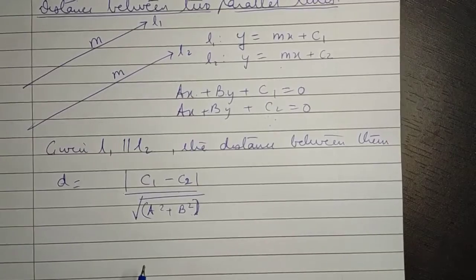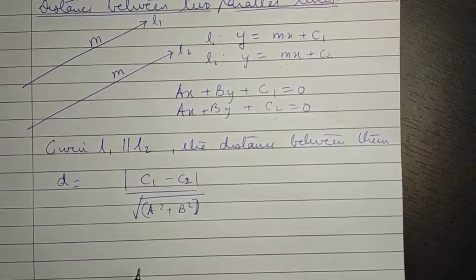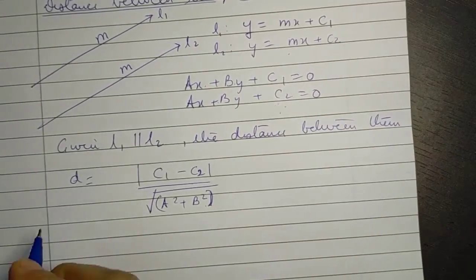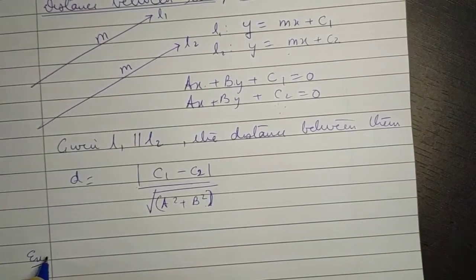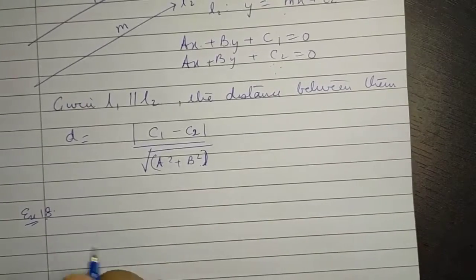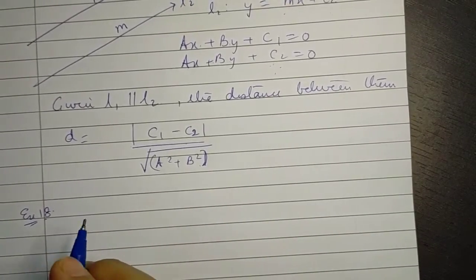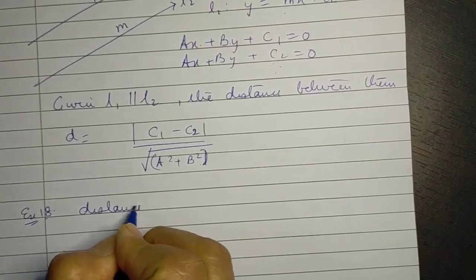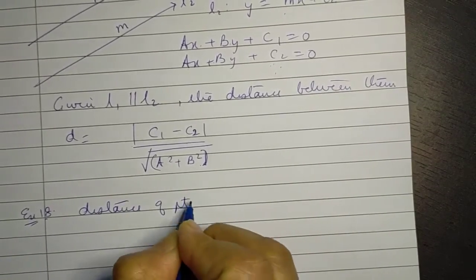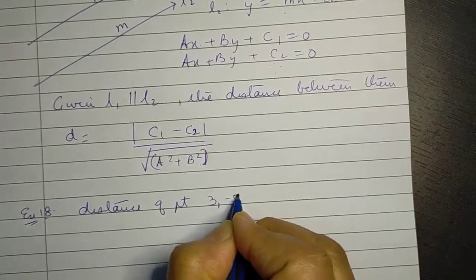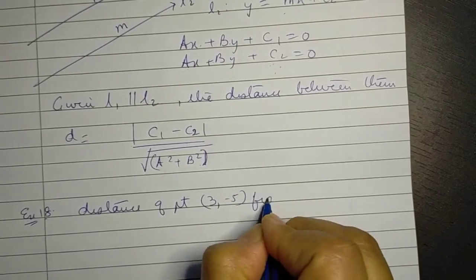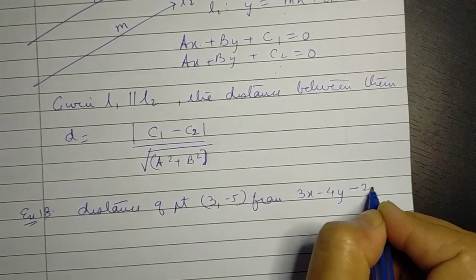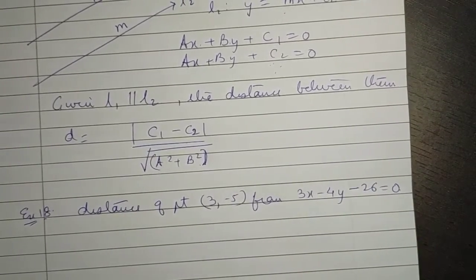So let's take up some problems to understand these concepts better. Let's take example 18, which says: find the distance of the point (3, -5) from the line 3x - 4y - 26 = 0.